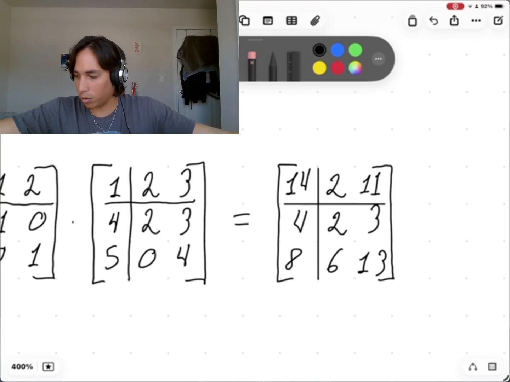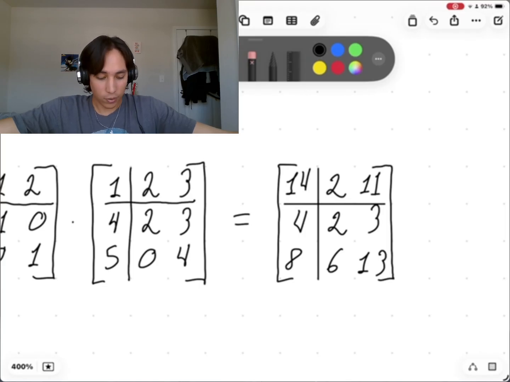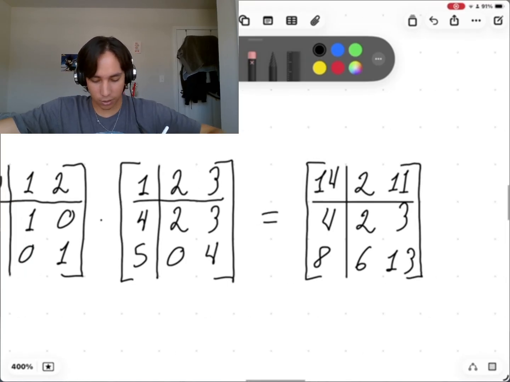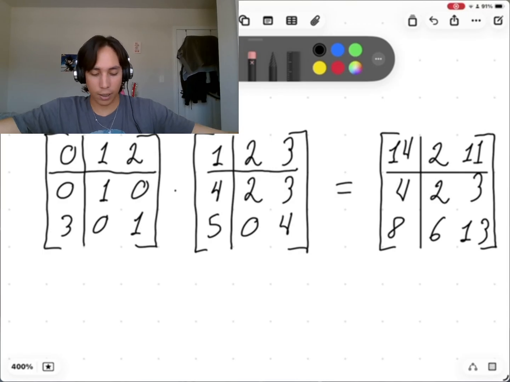I would need some more practice and some more investigating on the matter and see how it is applied. But that's how you do it. If the boxes are the same size for both matrices, then the resulting product is gonna have the same size boxes.